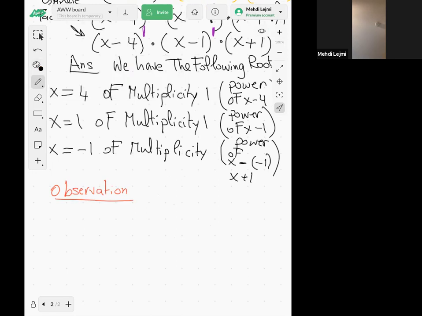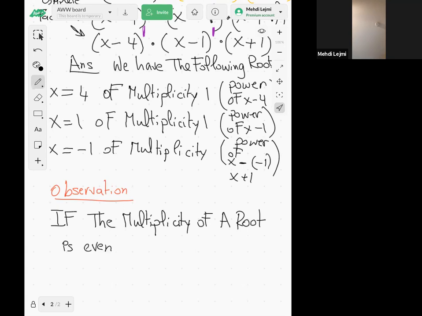Okay, so if the multiplicity of a root is even, then the graph of f of x is going to touch the x-axis and turn around.